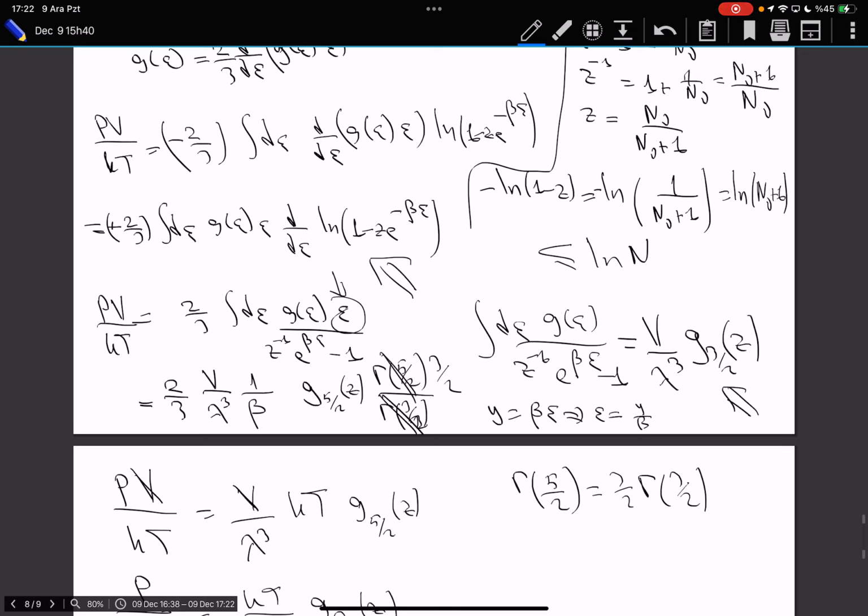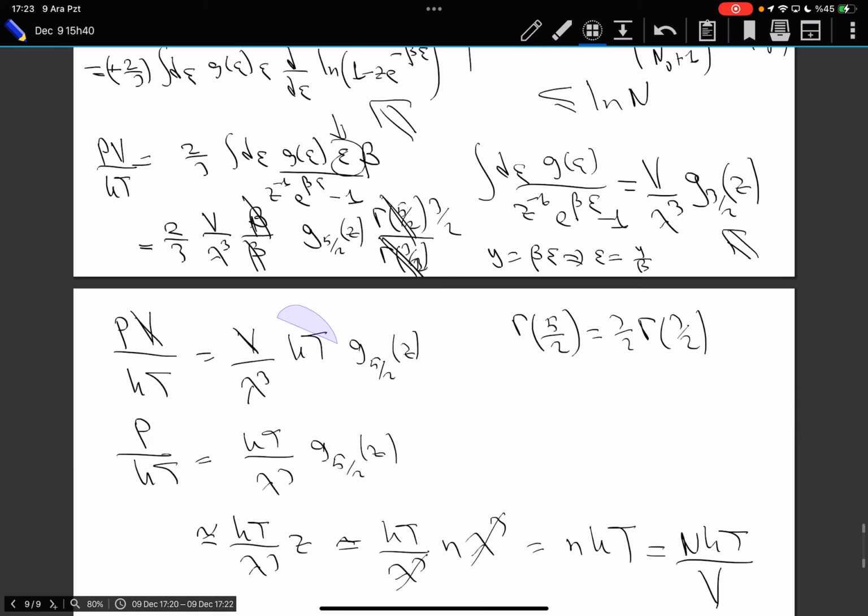So here there is a beta divided by whatever is inside the logarithm, so these betas basically cancel each other.